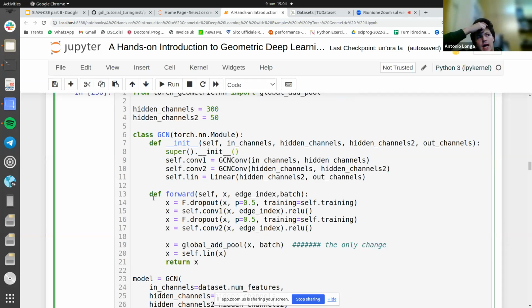Because if you use a number of convolutions equal to the diameter of the network, it means that to compute the node representation of each node, you are looking at all of the nodes in the network. And often this is not needed because there is too much information to compress into a single node. What happens is called over-squashing: this too much information gets squashed into a unique representation, ending up with all the nodes being identical, and that is not something you want.